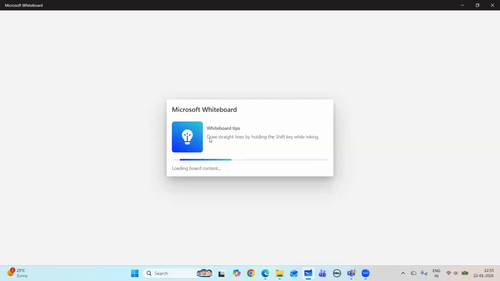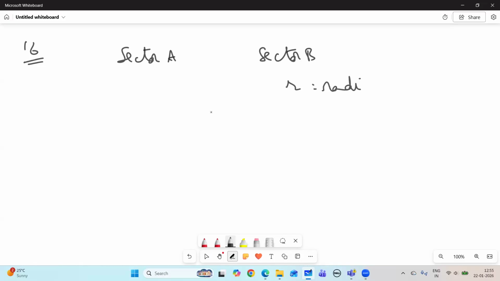This is question number 16. We have sector A and sector B. If R is the radius of sector A, then for sector B, the radius is half of that.